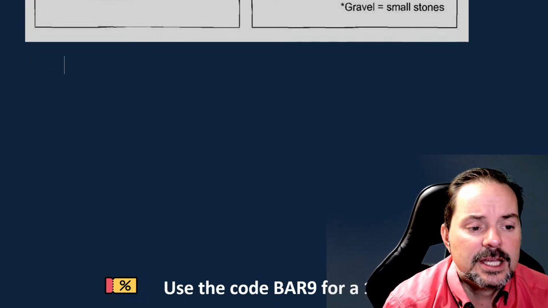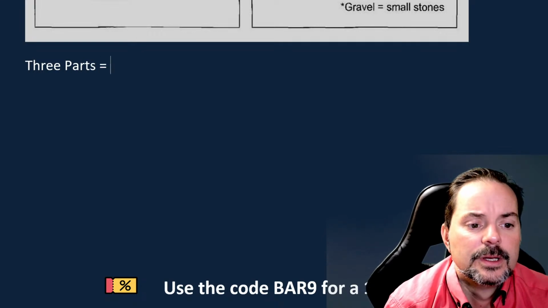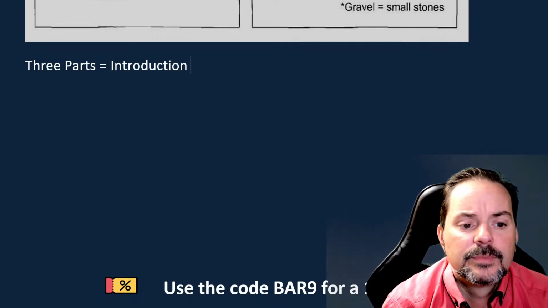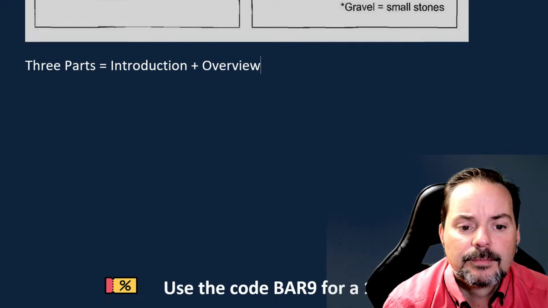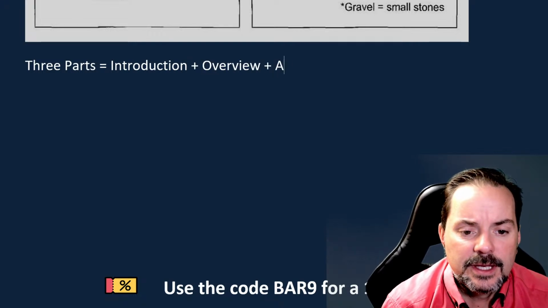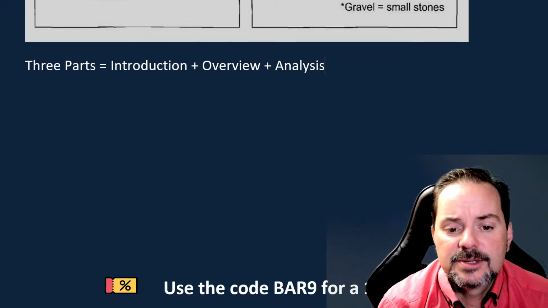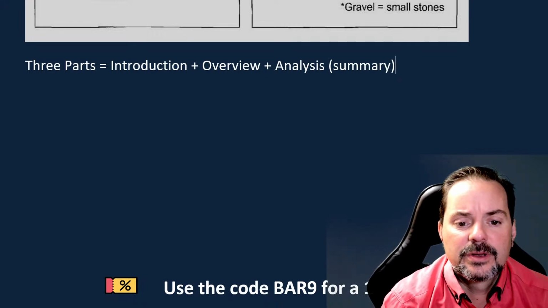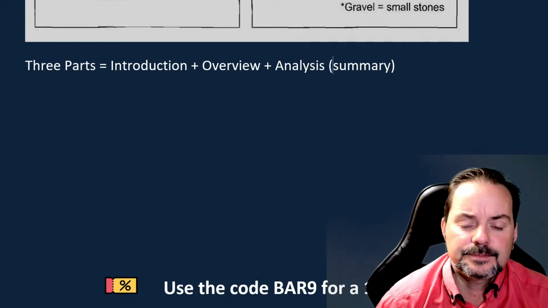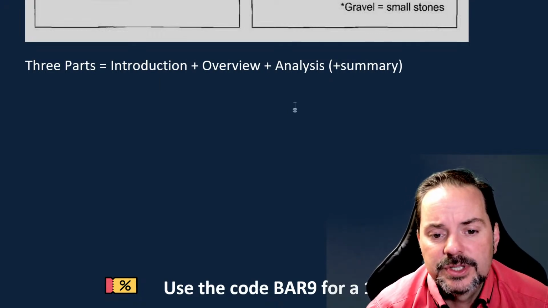It is the introduction, the overview, and the analyses. Now the analyses, or the analysis is plural, should also contain a summary at the end. Okay, and I'll show you what I mean. It's not a conclusion, it's just a simple summary.